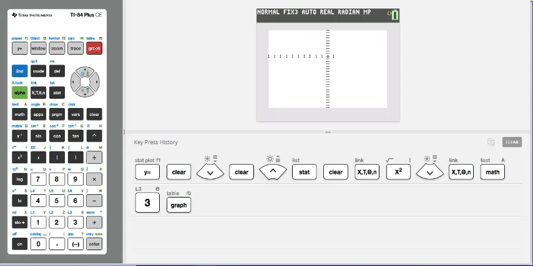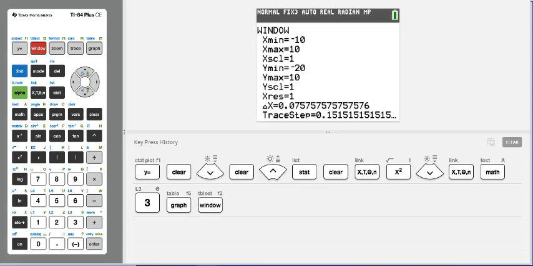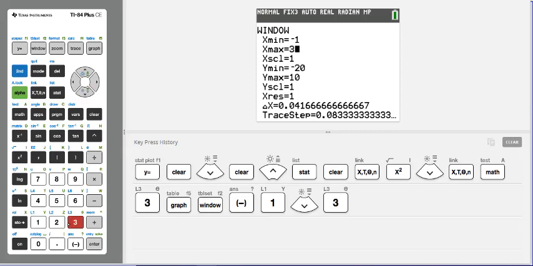Now, I'm just going to hit graph. There's nowhere else that these are touching, so I really want to concentrate on this area. So what I'm going to do is take my window, and I'm going to say -1, 2, 3. Hit graph.